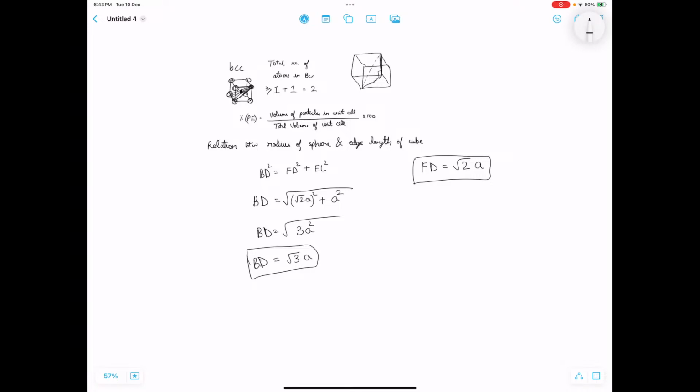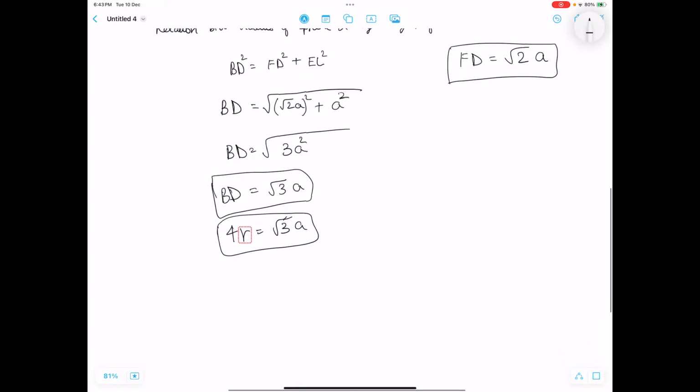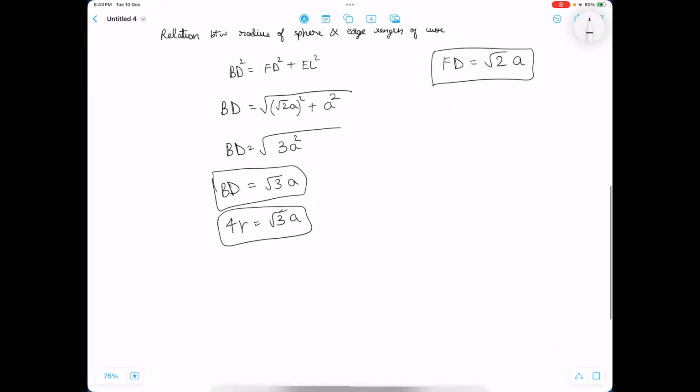Now we knew that body diagonal was 4r, so we get 4r is equal to root 3a. From here we get r is equal to root 3 by 4 a.